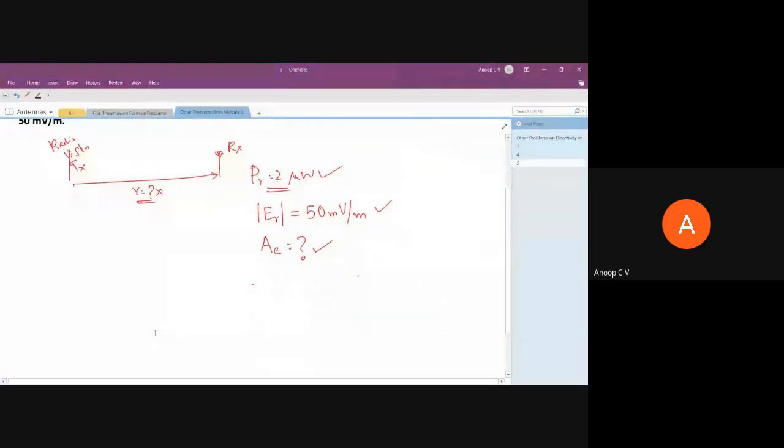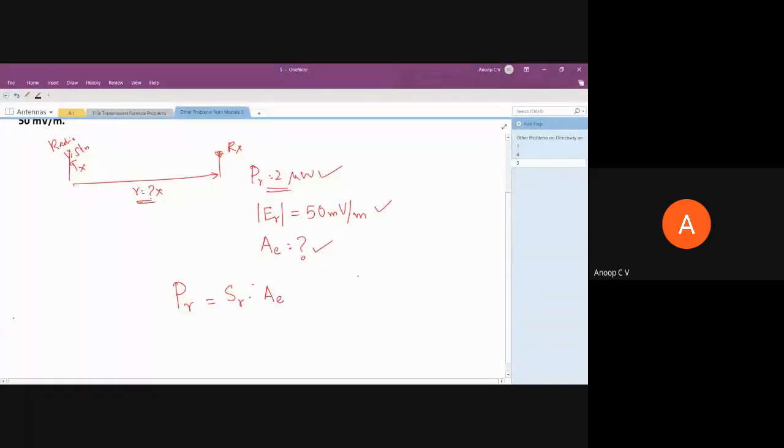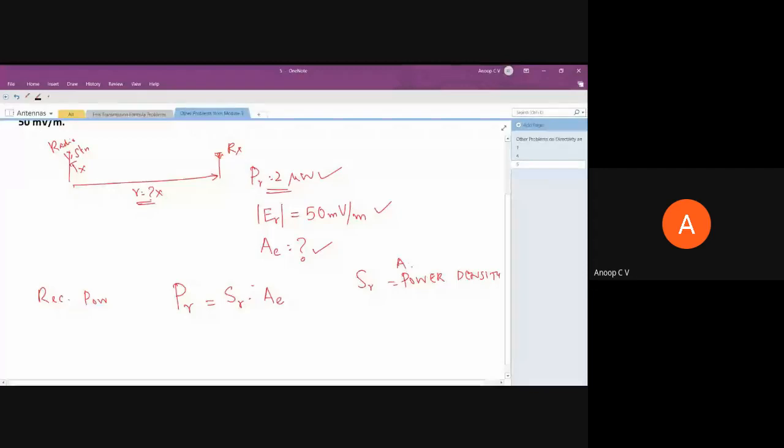What is this effective aperture? Power received at any given antenna with effective aperture AE will be the power density times AE. The received power is equal to SR times AE, where SR is the average power density, or average Poynting vector.